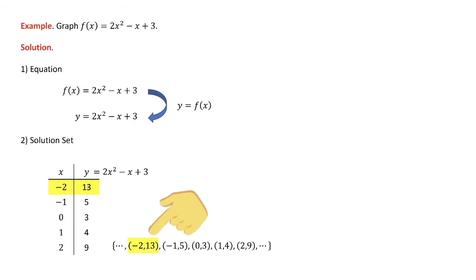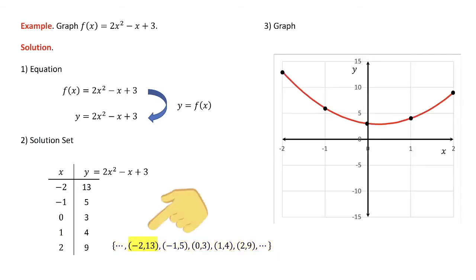So minus 2, 13 goes in a solution set, minus 1, 5, 0, 3, and so forth. So now I have a set. See, we're always building on what we've done. And then I can represent this set graphically. There's my minus 2, 13 point, my next point, minus 1, 5, 0, 3, and the others.